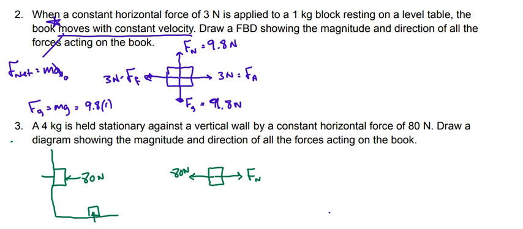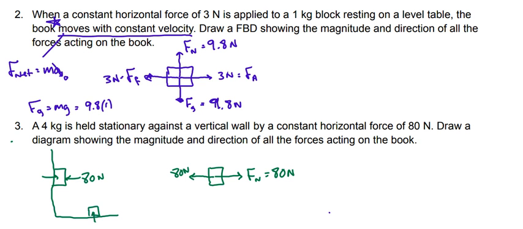If the box is over here, the normal force points to the right. So we've got a normal force, and we know that that normal force is equal to 80 newtons as well, because there's no other forces in the left and right direction, and it has to offset the applied force to keep it from accelerating to the left.